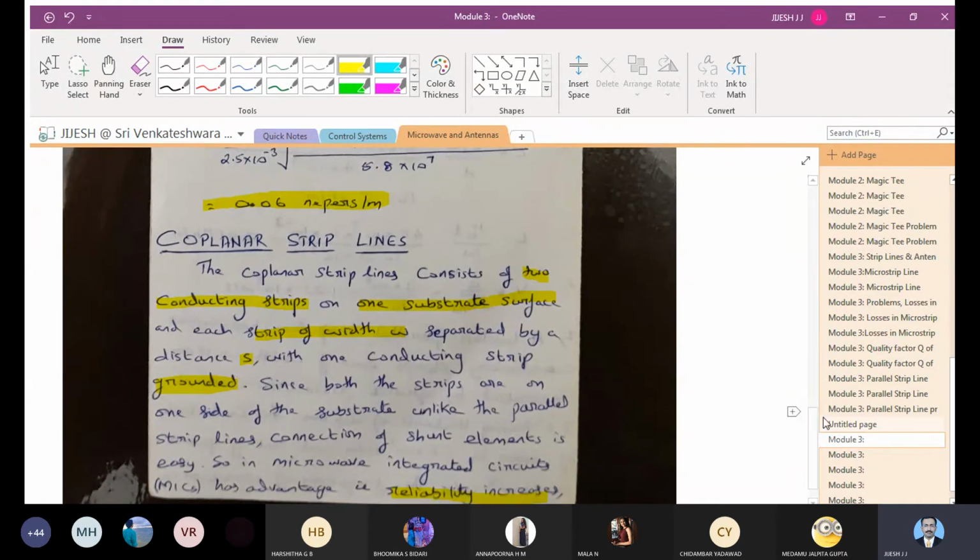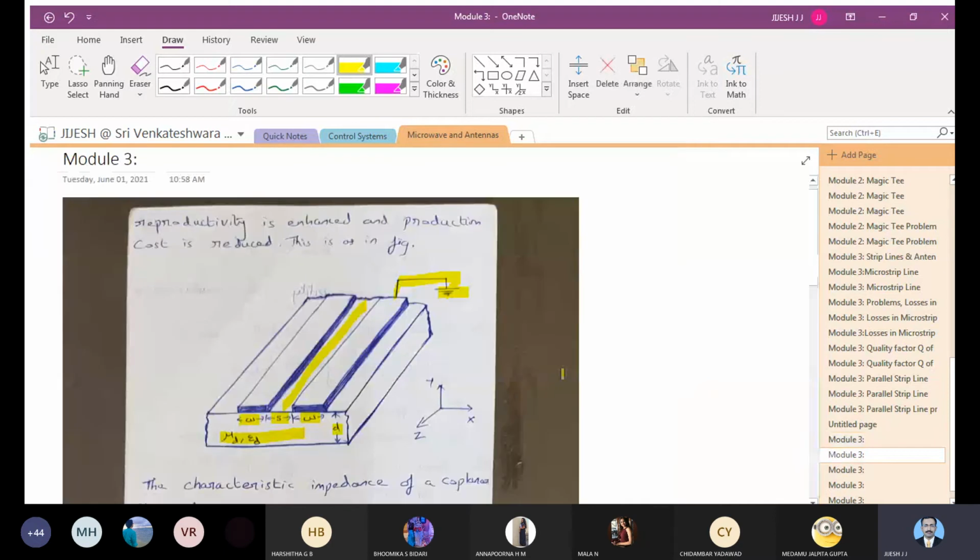So here you can see from the figure that it has two strips. This is one strip, and this is another strip, and you can see that this strip is grounded.